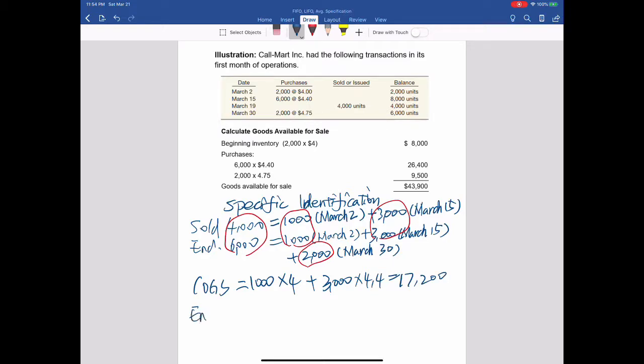So ending inventory is 1,000 multiplied by $4, 3,000 multiplied by 4.40, and 2,000 multiplied by $4.75. It is 26,700.